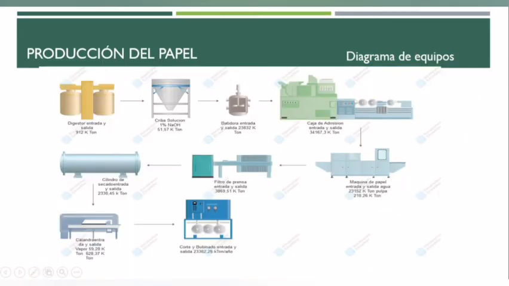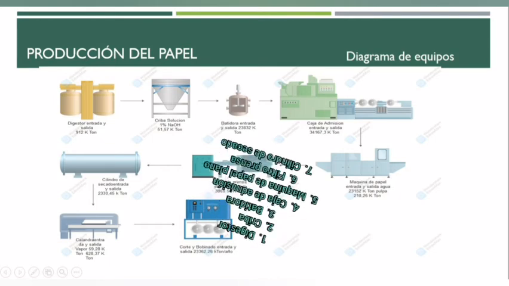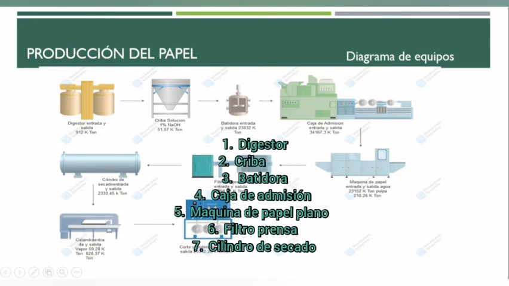Below is the diagram of the equipment for the production of paper and pulp, as follows. 1. Digester. 2. Screen, an equipment used for classification, whose function is material separation. 3. Blender. 4. Headbox. 5. Paper machine. 6.